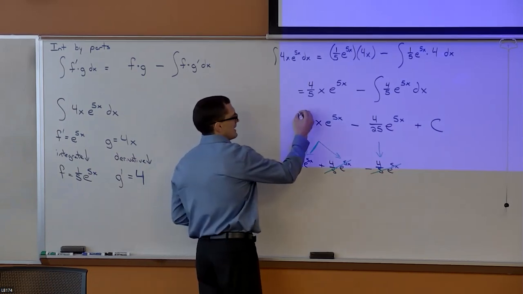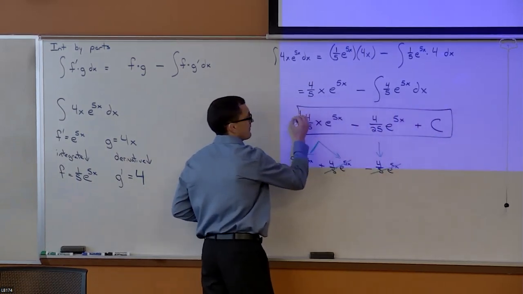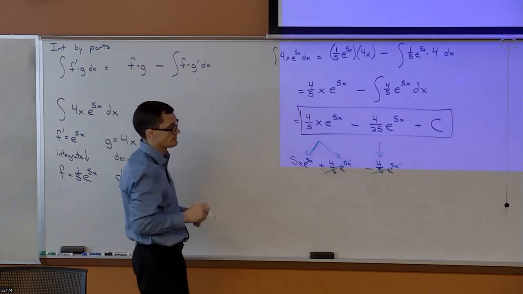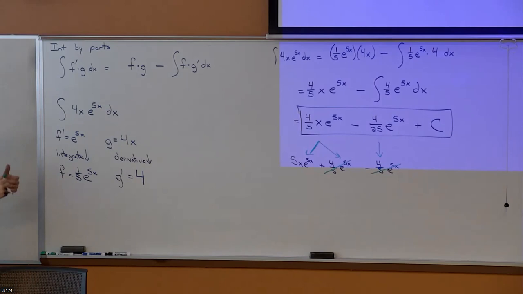So if you're trying to find the antiderivative, it's this. And it looks messy because when you take a derivative, you're gonna end up with terms that cancel out. Is that okay?